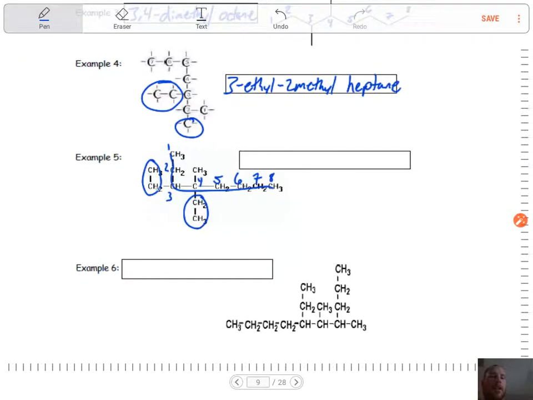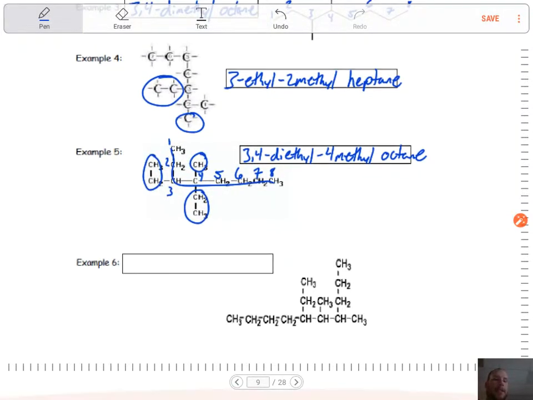So I've got an ethyl on 3 and 4. So this is going to be 3,4 diethyl, 4-methyl. We got that other methyl hanging off right there. And then my long chain is 8, octane. 3,4 diethyl, 4-methyl octane.